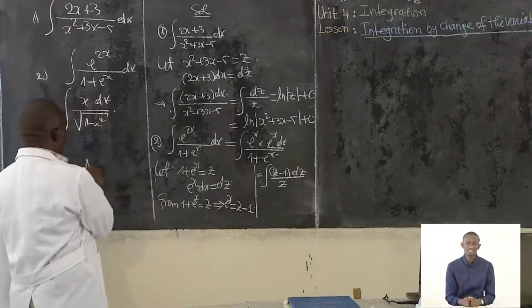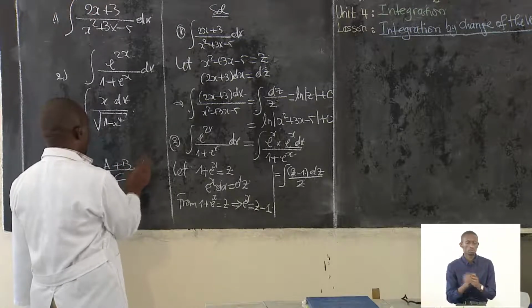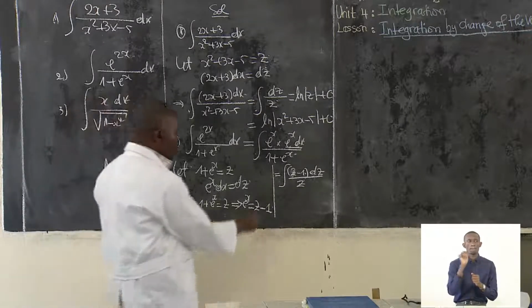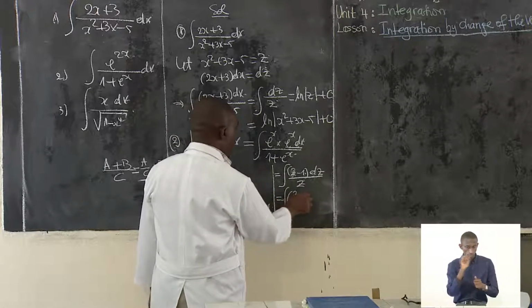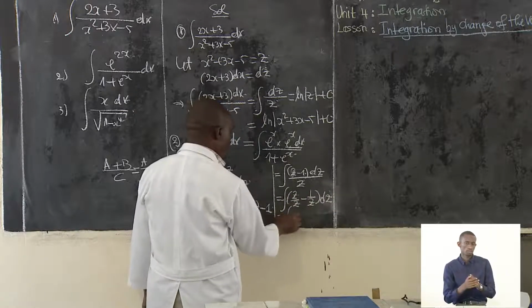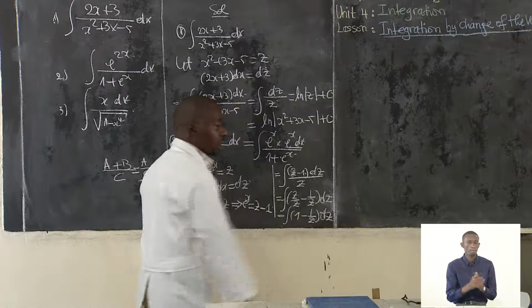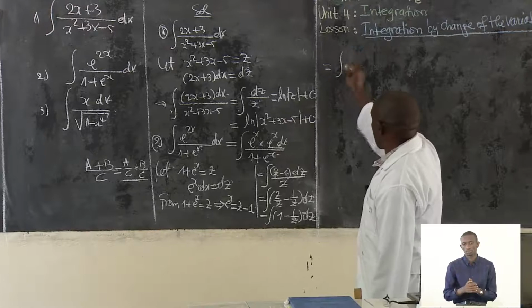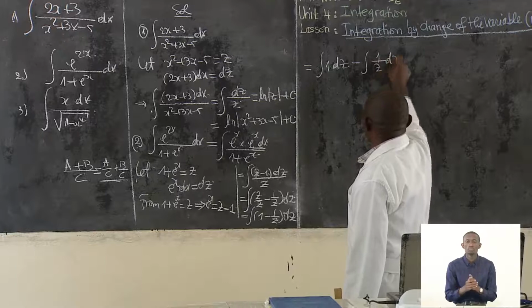Now, you know when you have a plus b divided by c, it's no different to take a divided by c plus b divided by c. It's the same. So I'll have the integral of z divided by z minus 1 divided by z dz. This is the integral of 1 minus 1 divided by z dz, which is equal to the integral of 1 dz minus the integral of 1 over z dz.